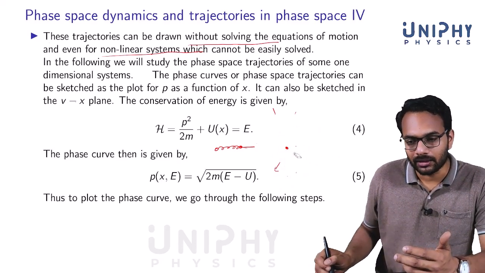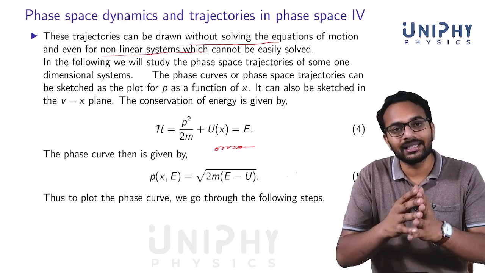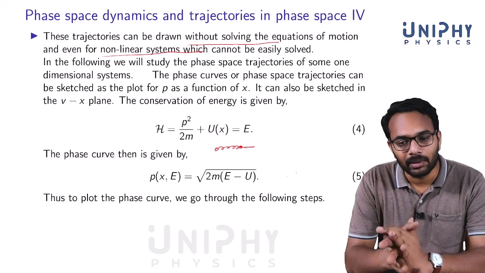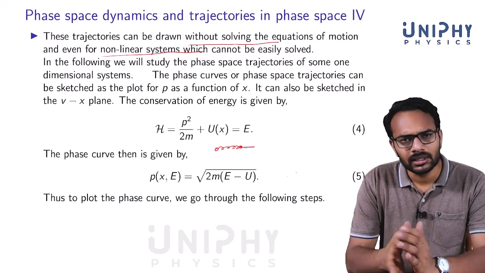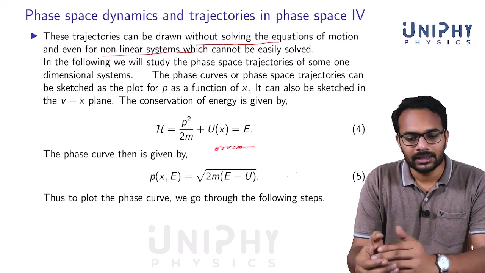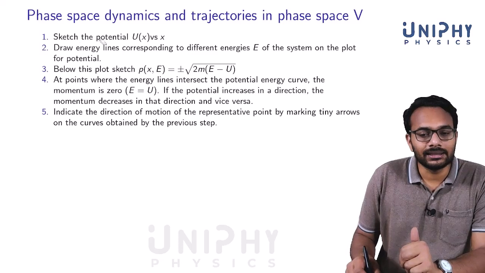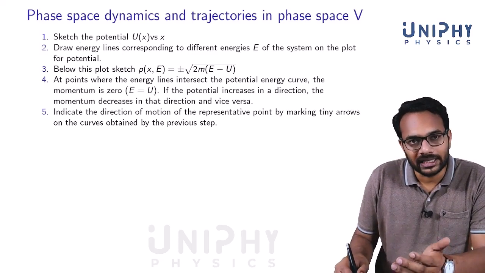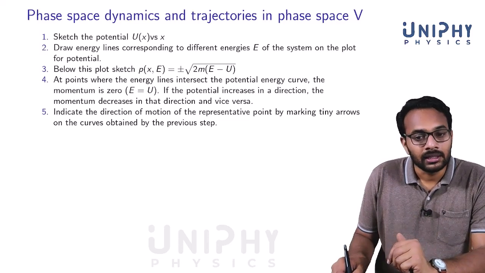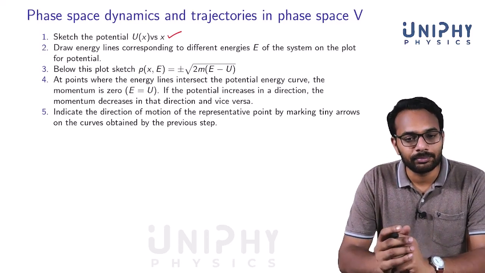We'll go into more detail on this. Before that, let's write down some general steps that we can keep in mind to plot the phase curve. I hope so far it has been clear. Let's go to the steps. First, some potential will be given, some potential energy V as a function of x, or U as a function of x. The first step is to plot the potential.